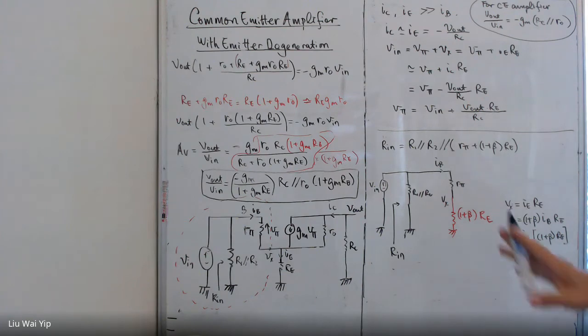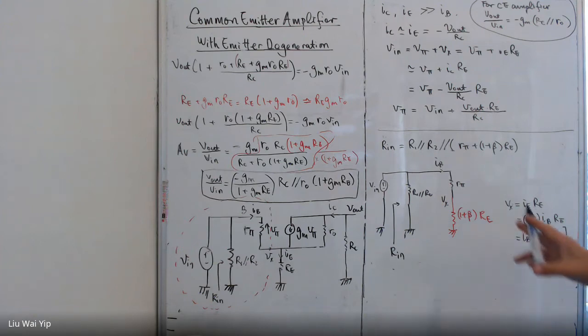So we found out the input resistance is not as simple as we think. It is something like this. But now we can still further modify this.